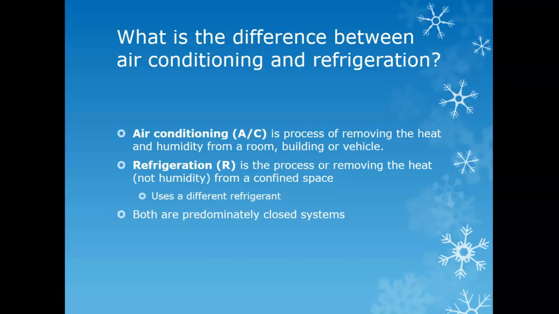Refrigeration is removing the heat, but not the humidity, from a confined space. Kind of like if you ever open your refrigerator or your freezer, you get little bits of ice in some places in the freezer, and it's very wet sometimes in the refrigerator, right? It has its own humidity.